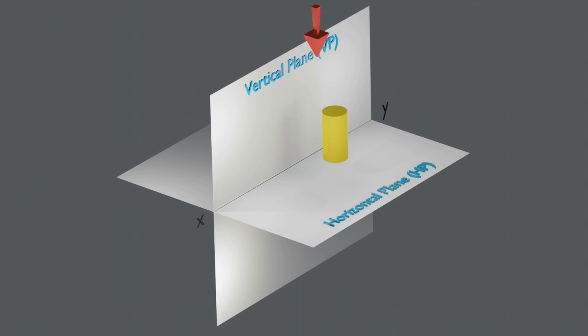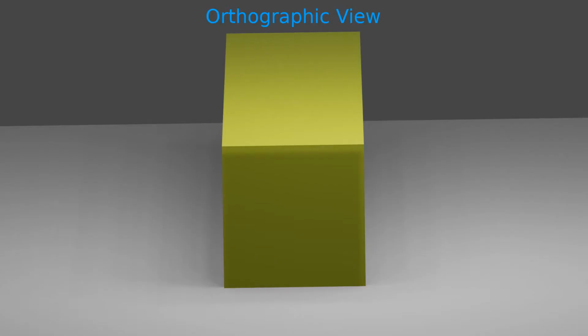The point from which we look into the object is called the observer's eye or station point. This station point is assumed to be at infinity. Why is it at infinity? If we look at an object from a close distance, the features of the object which are close to our eyes appear larger compared to the features that are far away. This kind of view is called a perspective view, but our discussion in this video is about orthographic view, in which all dimensions of an object appear as such irrespective of its position from the observer's eye.